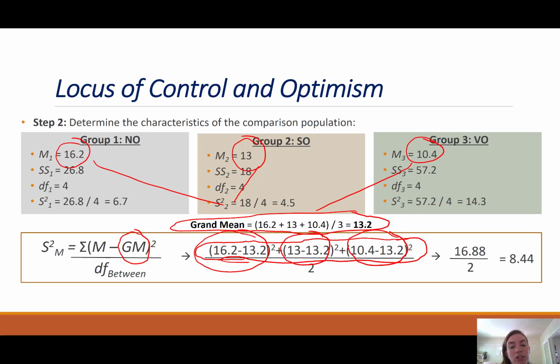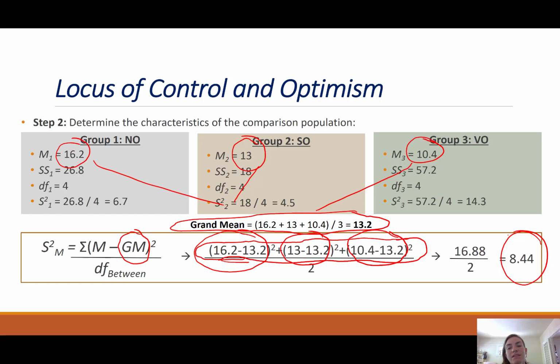We need to square each of those deviations and then add them up to get the sum of squared deviations at the group level. And then we divide by degrees of freedom. So sum of squares over degrees of freedom gives us a value of 8.44.